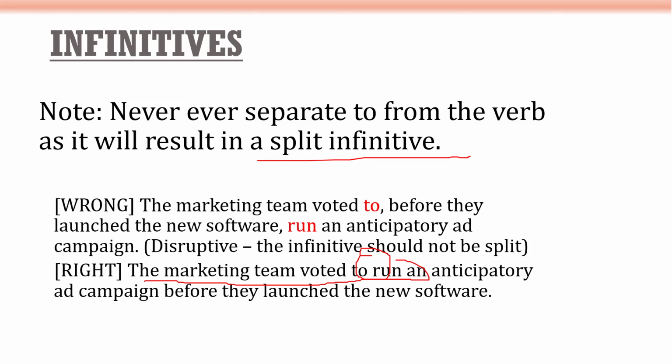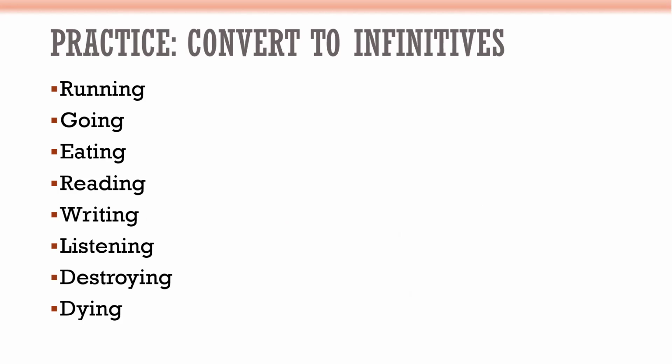So, for example, if you want to convert the infinitives, you just have to put ing. Pero syempre, aalisin nyo na yung to. Hindi naman pwedeng to running, to going. I will go to the park. I am going to the park. Ayan.